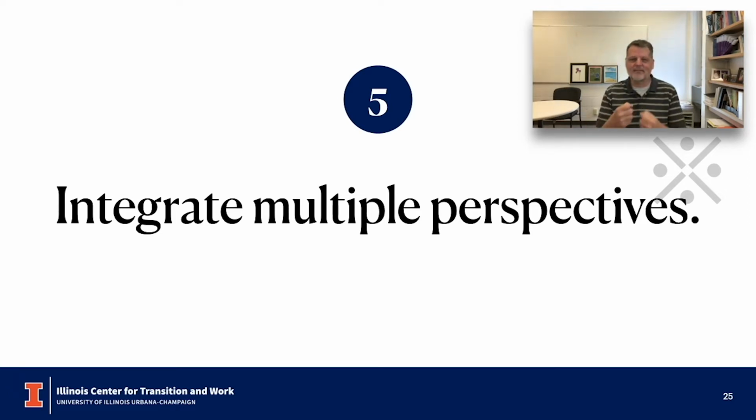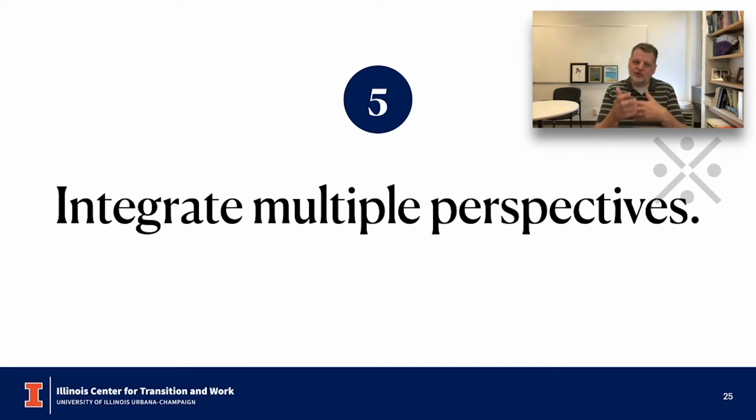And so each member of the transition planning team is going to have a different vantage point from which to observe a student, and they may all hold different expectations about the transition domains that are most important to address for a student. And they may each compile different information about a student's competence and support needs.